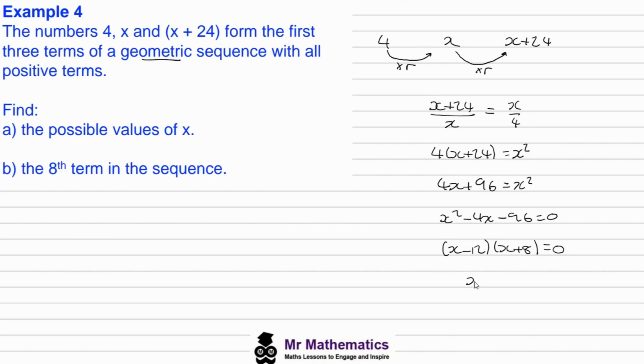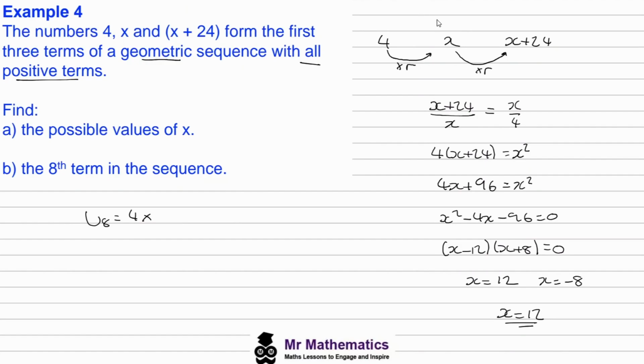So our x value will either be 12 or negative 8. But we're told that the sequence has all positive terms. So x must equal 12. So finally, for part B, find the 8th term in the sequence. Well, u8 will equal a, our first term 4, multiplied by r.